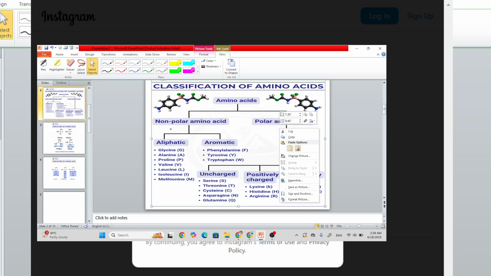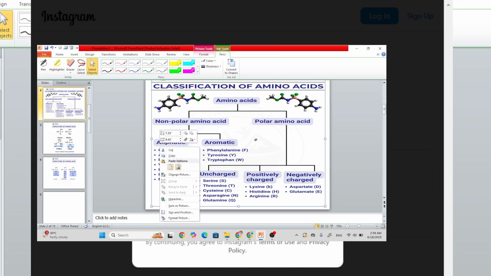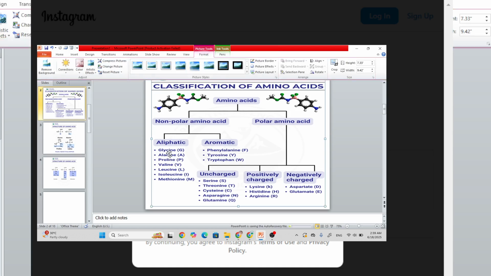What are non-polar amino acids? Non-polar amino acids are divided into two groups: the first is the aliphatic group and the second is the aromatic group. The aliphatic group contains glycine, alanine, proline, valine, leucine, isoleucine, and methionine.